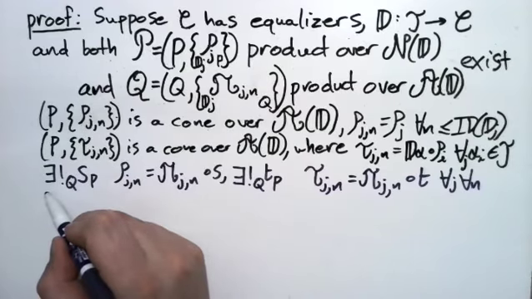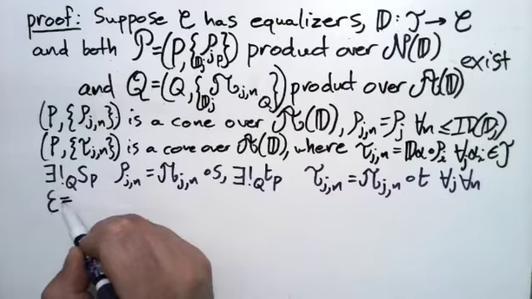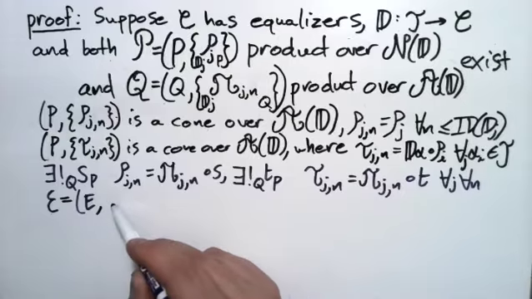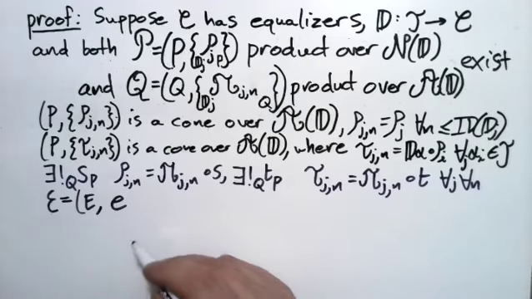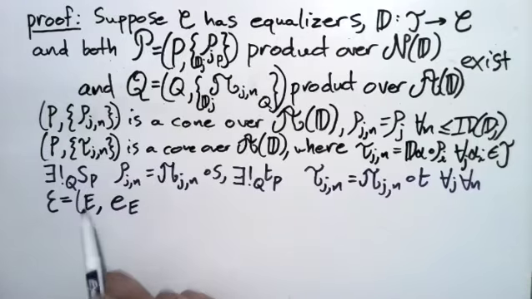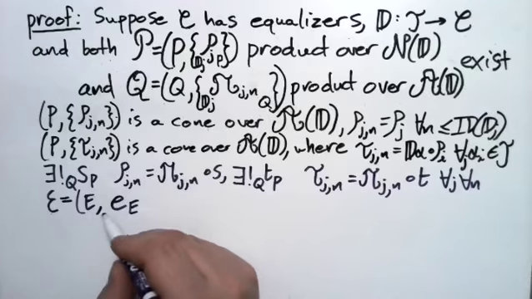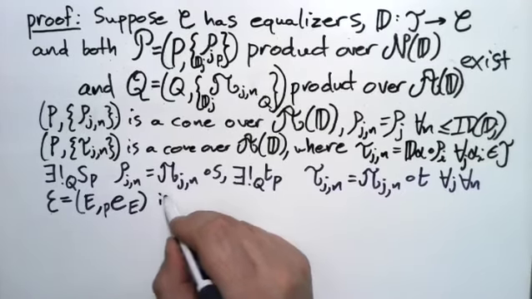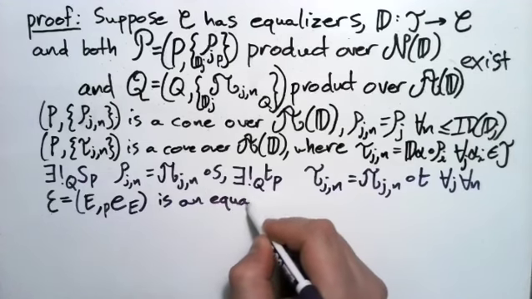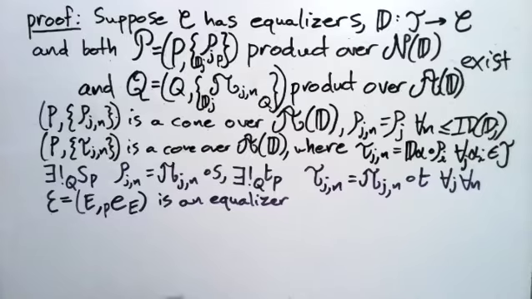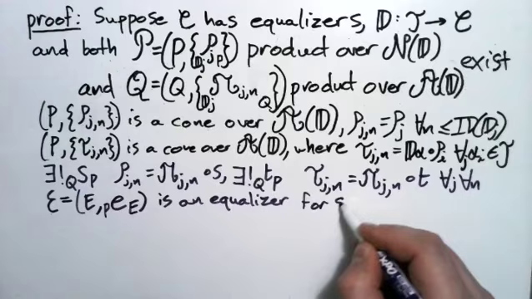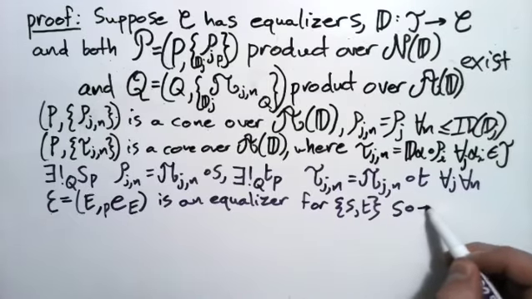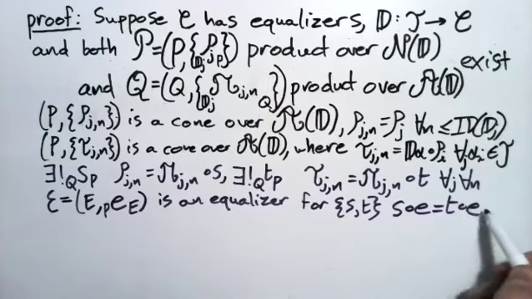So E, consisting of the object E and a morphism e, which goes from the object E into our cone P, or into the vertex of our cone P, is an equalizer for S and T, which means that S after e equals T after e.